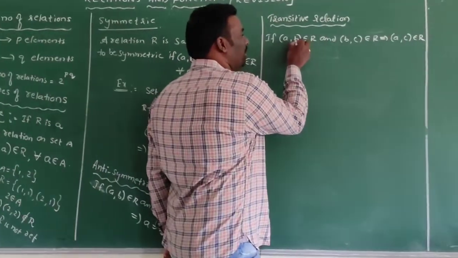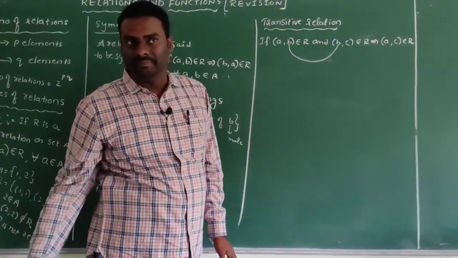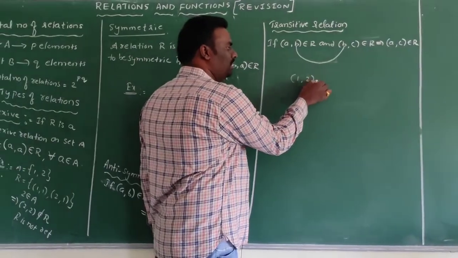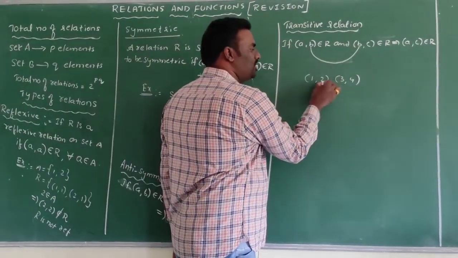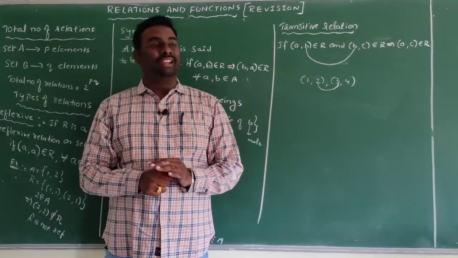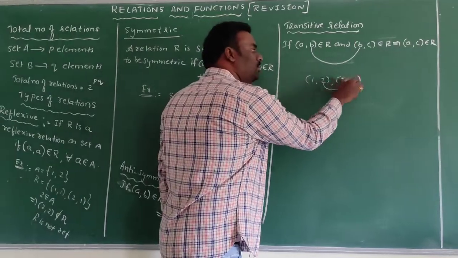Here one important point is these two values should be the same. If I take (1, 2) and (3, 4), these two are not the same, so we can't check the transitive relation here. But if you take (1, 2) and (2, 4), you can.